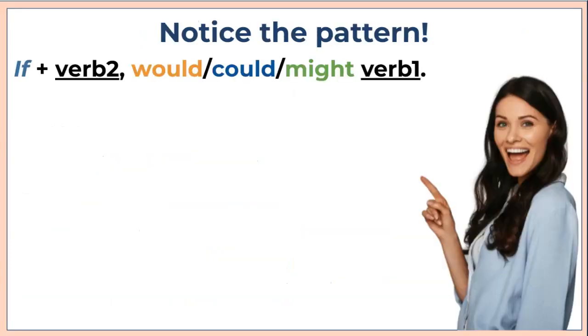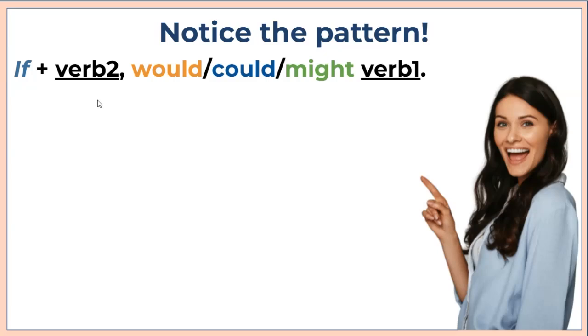Now, let's notice the pattern. We're going to use if plus the verb two. And again, this is second conditional. So that's our clue. Second conditional means we use verb two, or the simple past tense.